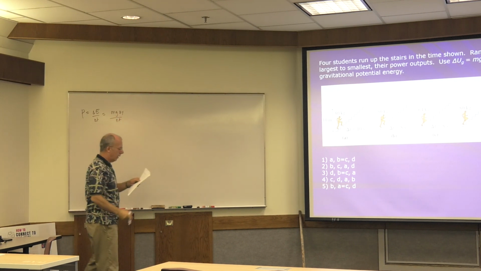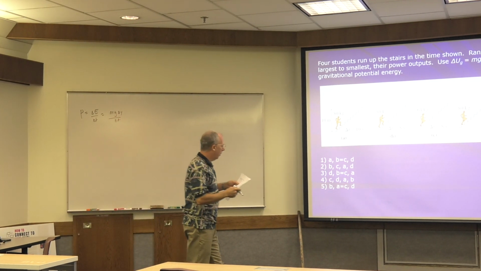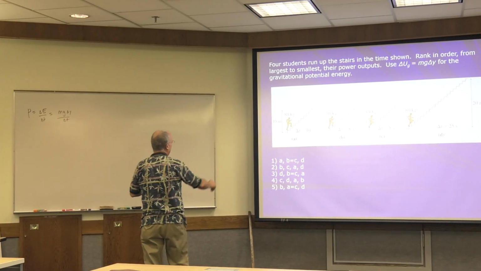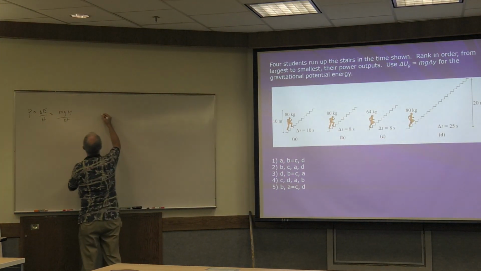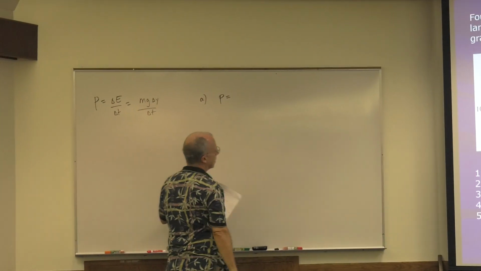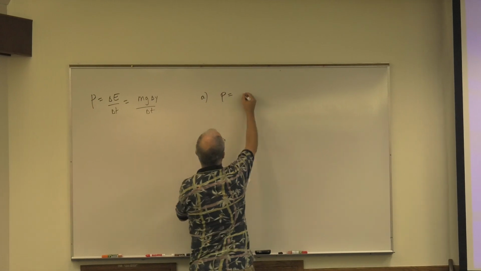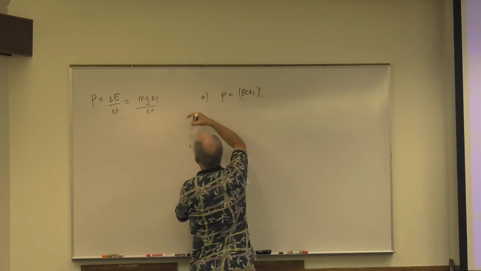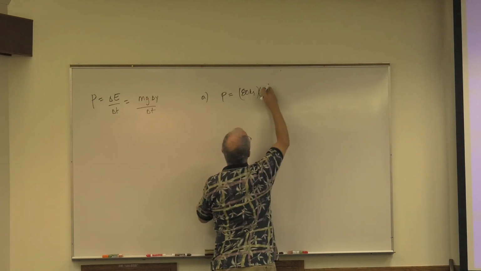Okay, so I assume you're back, so let's figure it out. Let's just do one at a time. So A, the mass is 80 kilograms. Let's just be lazy.